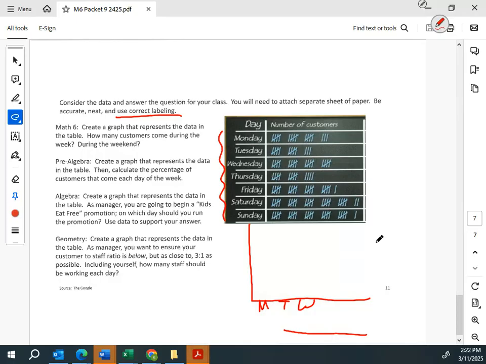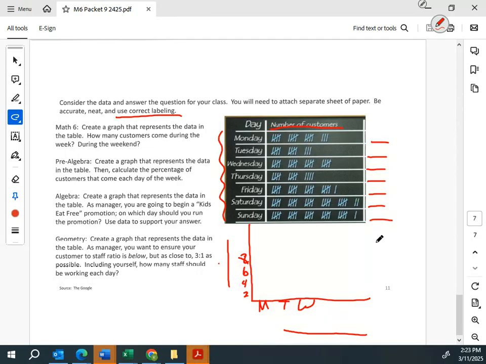Then coming up the side, you're going to put your numbers. You might skip count to make them all fit, because these are all numbers, but they are numbers of what? Label your y-axis. Then you can figure out each tally mark stands for a customer, figure out how many customers there were each day, make yourself a lovely bar graph to show that.